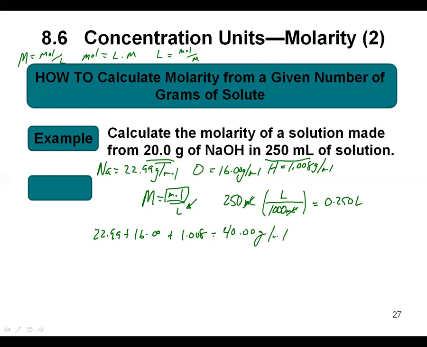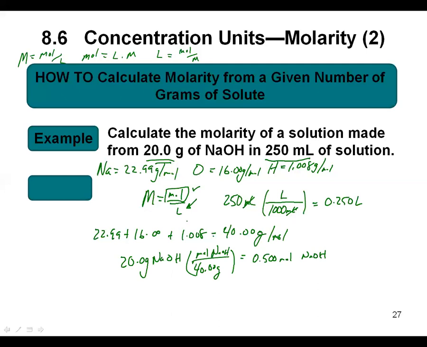We're going to use that from the periodic table as a conversion factor. We take our 20 grams of sodium hydroxide and divide it by the molar mass, and that will get us 0.5 moles. That is the top part that we need.